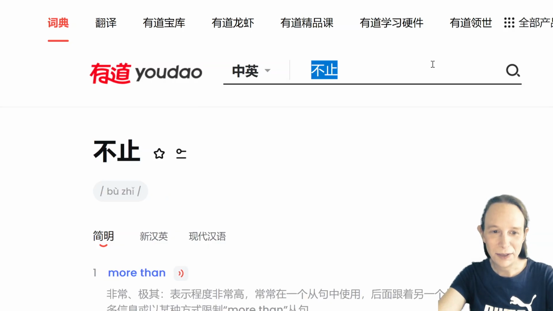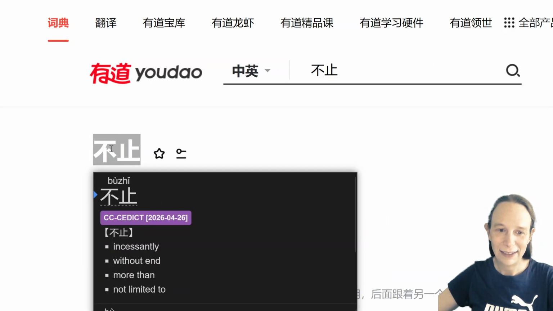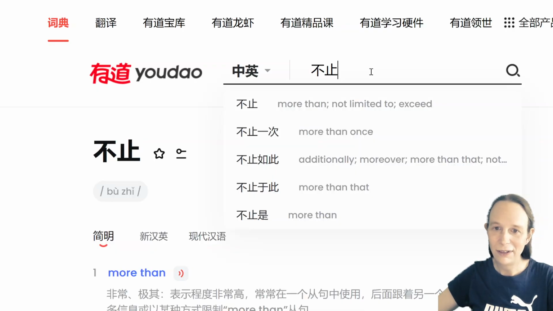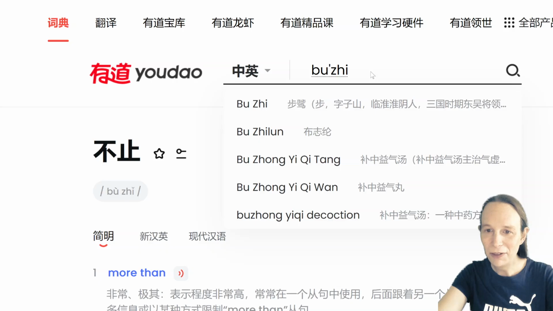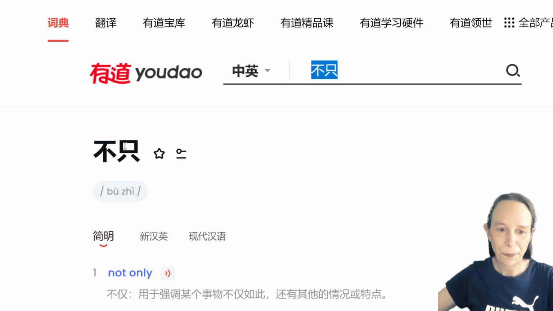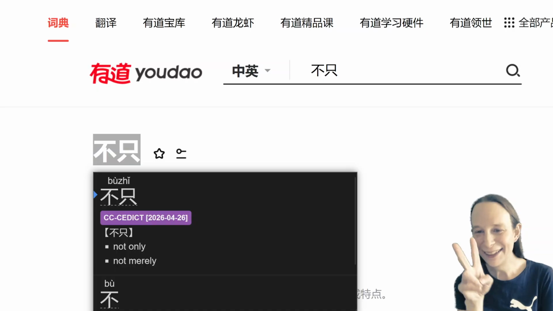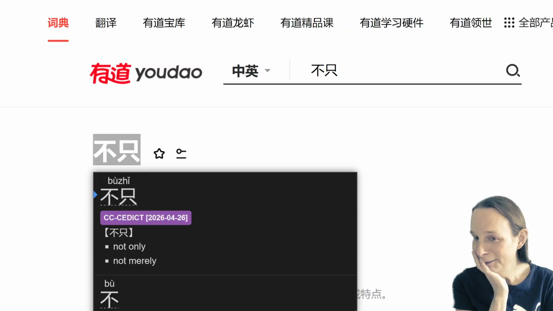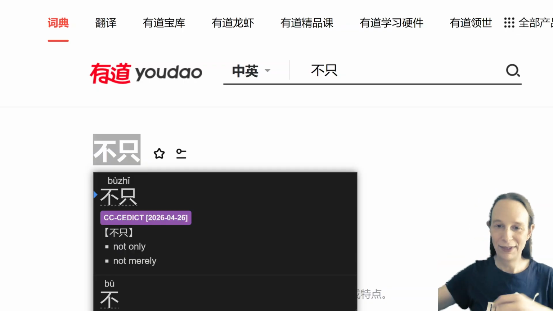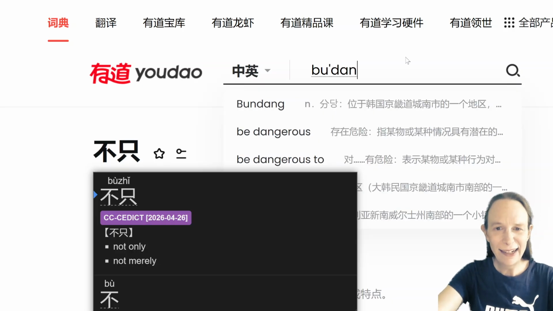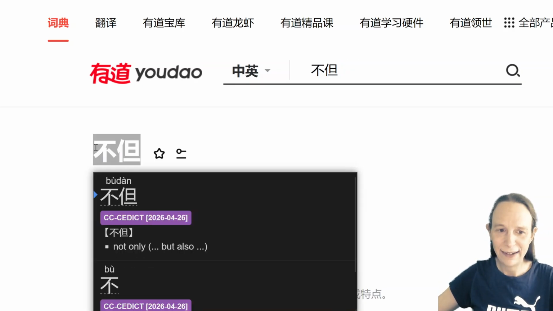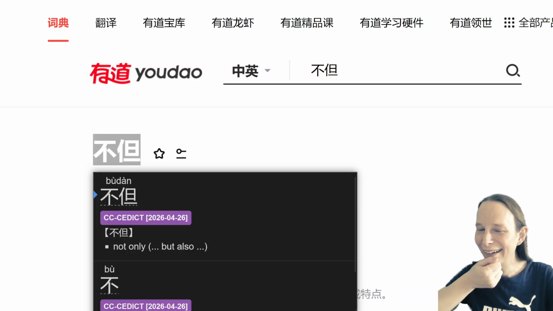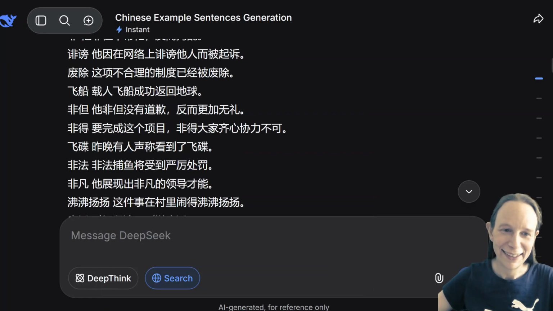There's two 不止 as well. Not limited to. Actually, maybe it should be this 不止. Yeah, there's two 不止. All right. And there's 不丹. Do we do 不丹? 不丹. Yeah, so add that to the list. 非丹.